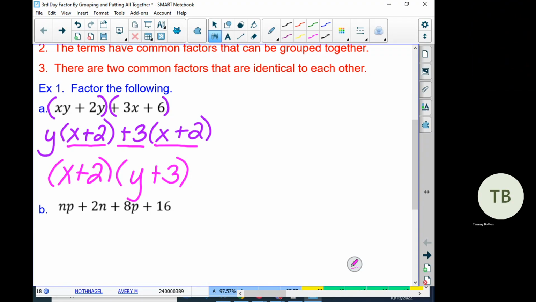You could FOIL this out, and when you do that, you should get these 4 terms. But this is your answer, as long as neither of those could be factored further. And when each of them has the variables X and Y to the power of 1, you can't factor it anymore.